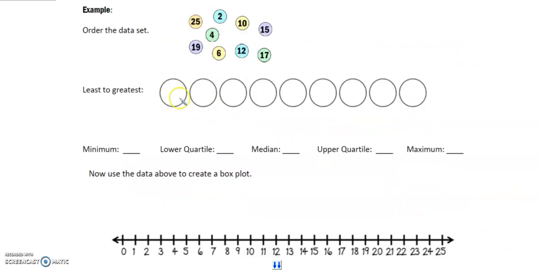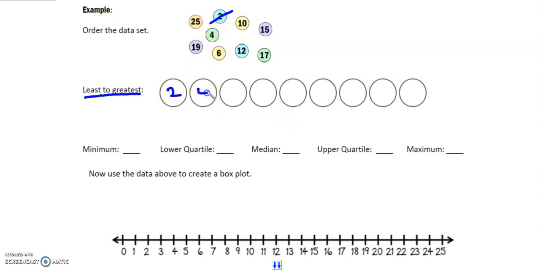All right, so now we're going to start actually creating a box plot. And to create a box plot, the first step is to take your set of data, your numbers, and put them from least to greatest. So this is similar to when we were talking about mean, median, mode, and range. You had to have them in order. So I'm going to put these in order. 2 is my smallest number.